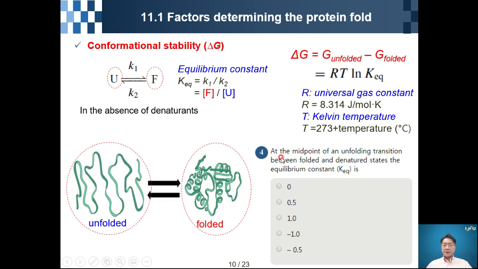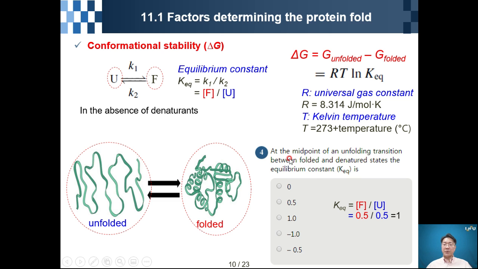Now consider the middle point of the unfolding transition between the folded and denatured states. What is the equilibrium constant at that point? KEQ is the concentration of folded protein divided by the concentration of unfolded protein.